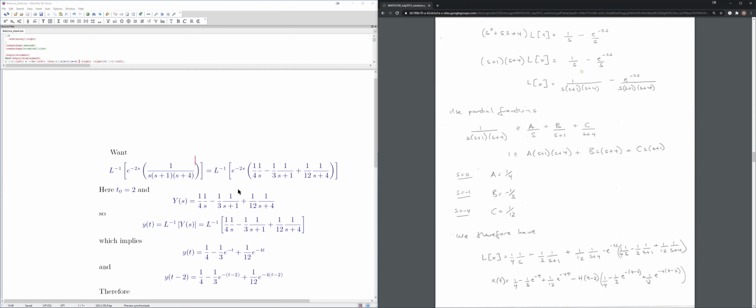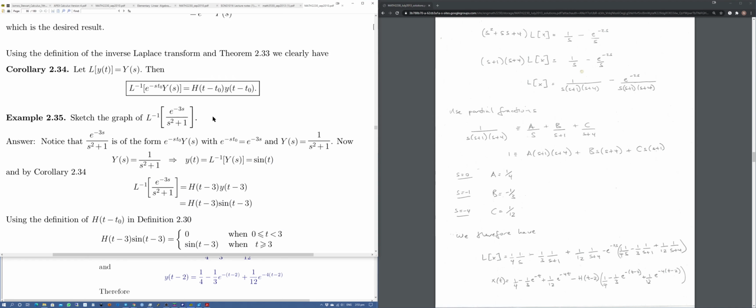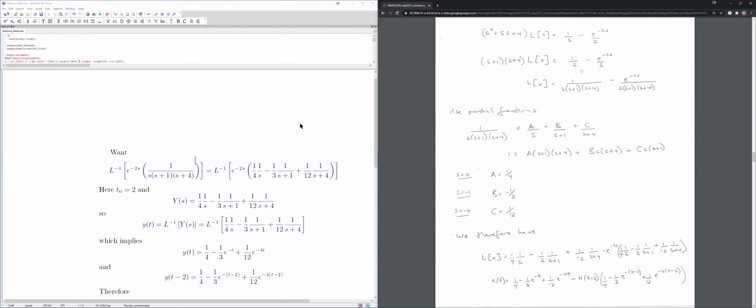Okay, so this 1 on s plus 1 times s plus 4, I can write in terms of partial fractions here. And this here is the y of s. So in your T-shift formula, this is going to be the big Y of s. So the big Y of s would be these three fractions here.